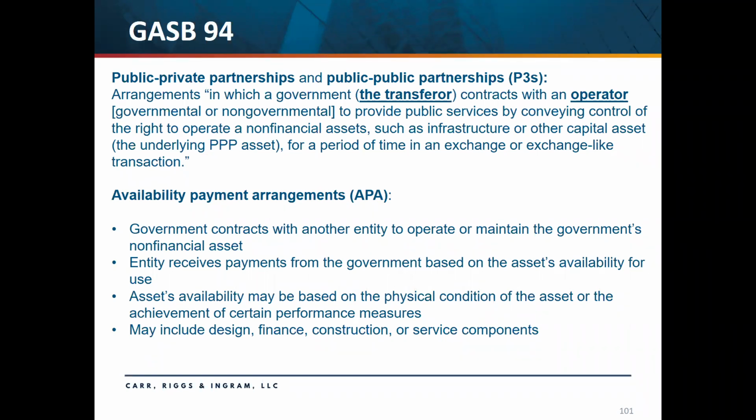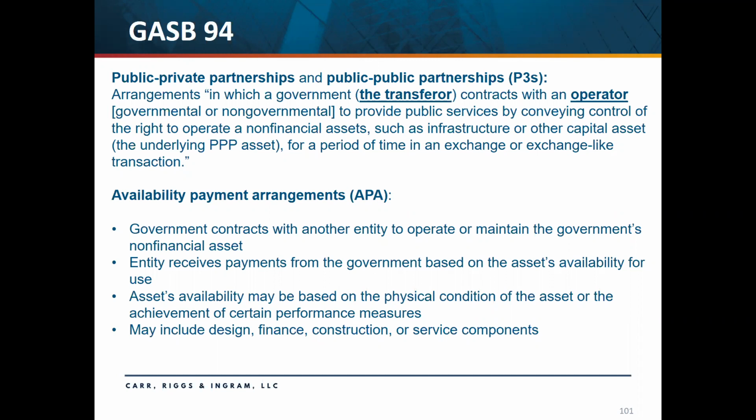So you have the transferor and the operator, two important pieces. These two get into these agreements, which are normally to provide public services by conveying control of the right to operate non-financial assets, such as infrastructure or other capital assets, for a period of time in an exchange or exchange-like transaction.